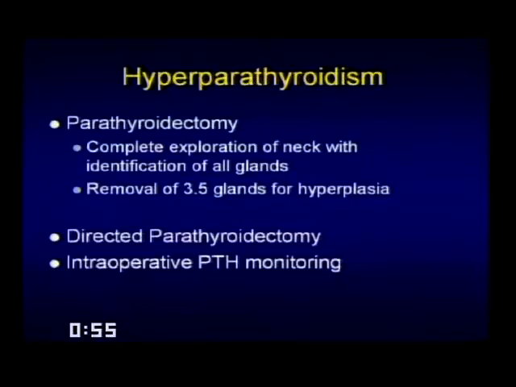The diagnosis made if you're doing this is usually a 50% drop-off after the first few minutes. The majority of the time it takes at least 10 or 15 minutes to get this back while you're in the operating room, but it is a very useful way to minimize your four-gland approach.